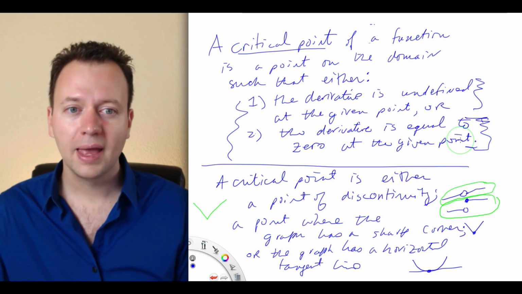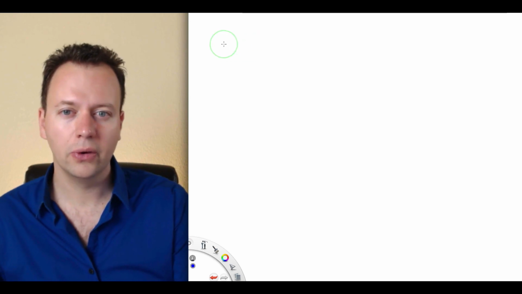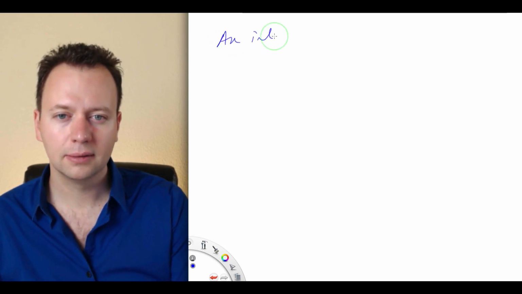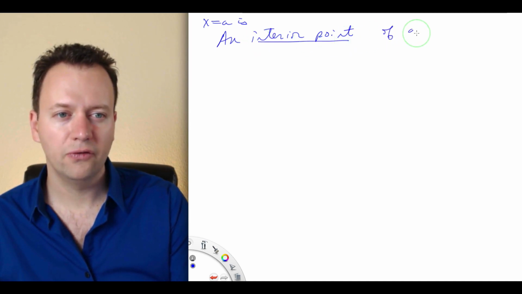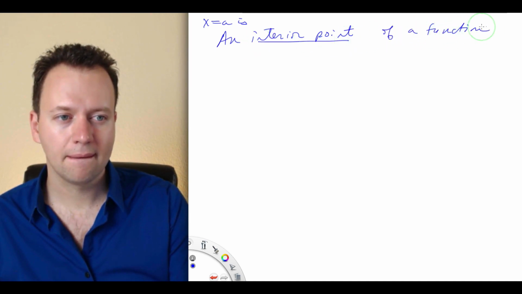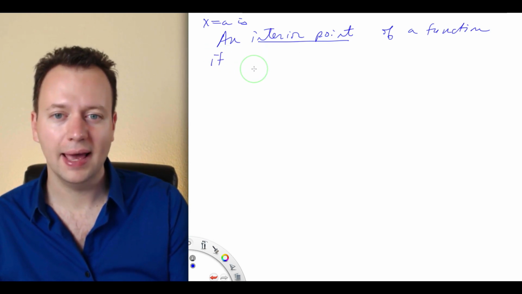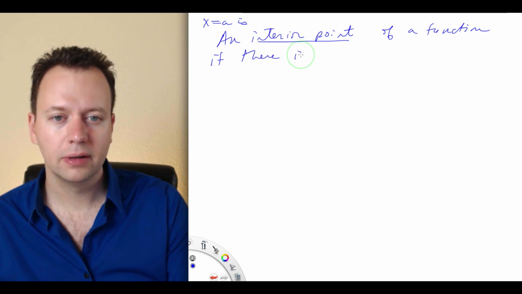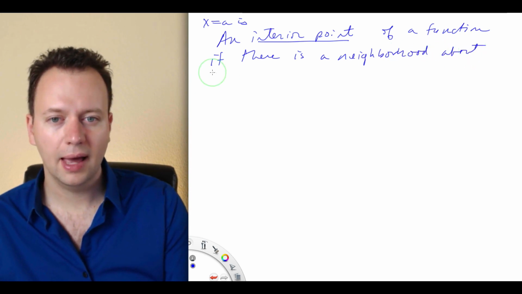So pretty simple. Now the next two are just types of points in general. So an interior point, or we can say x equals a is an interior point of a function if there's a neighborhood about x equals a.